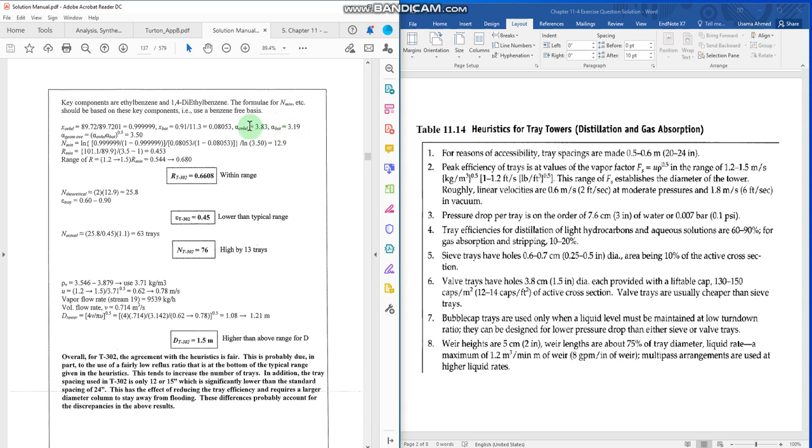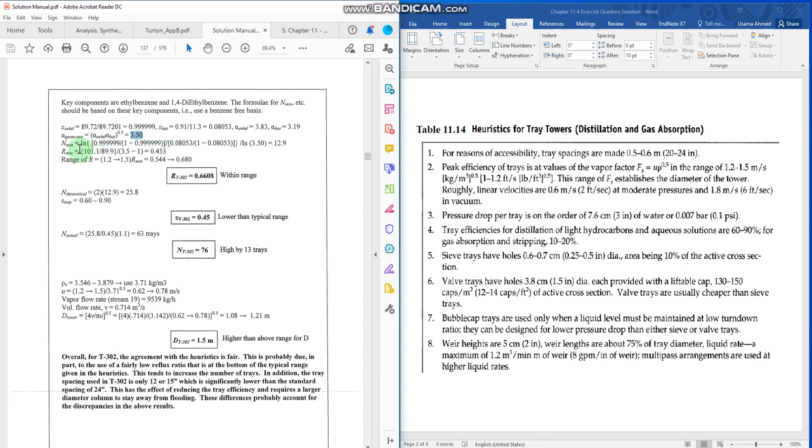So you can use this equation here to get the average relative volatility, which is alpha overhead multiplied by alpha bottom with the power 0.5. So the value for the average relative volatility comes out to 3.50.